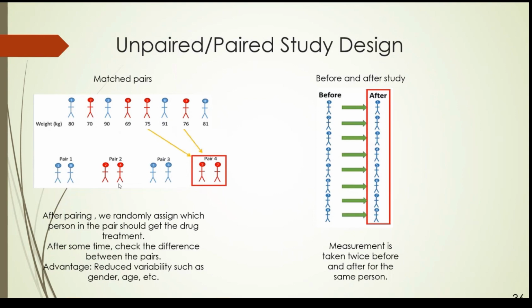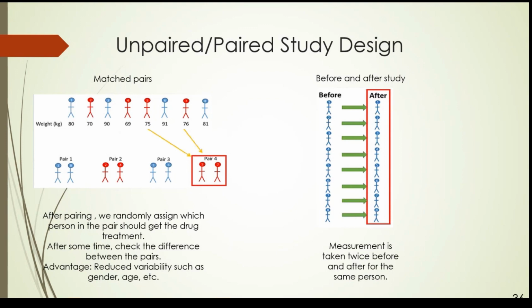The second pair happened to have 2 girls. The third pair, both guys. The fourth pair, all girls. It can also be guy and girl, because it is a random pairing. One of them only is given the drug, and the other person is not. So for each pair, one is given the drug, the other is not. So there is a pairing here.